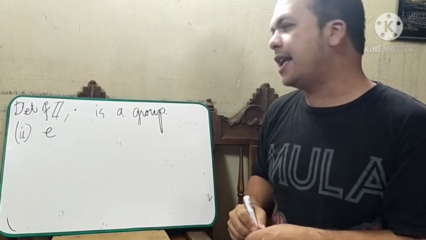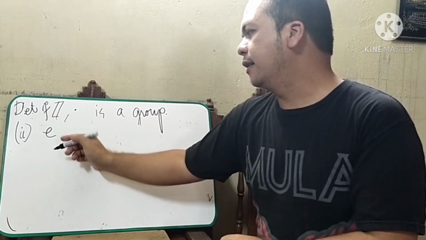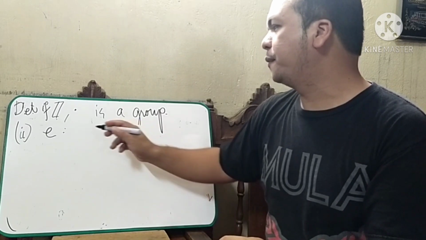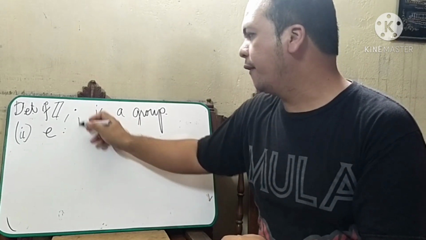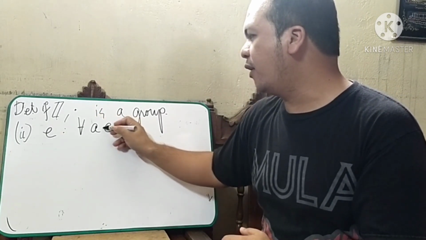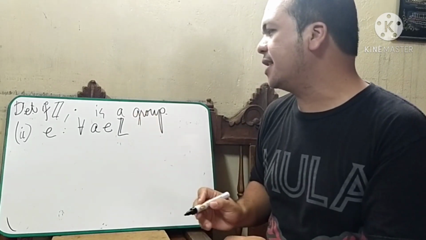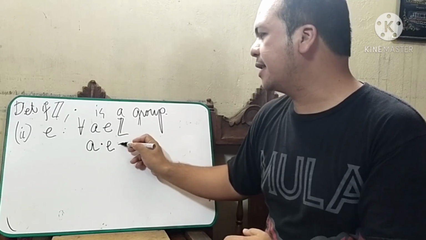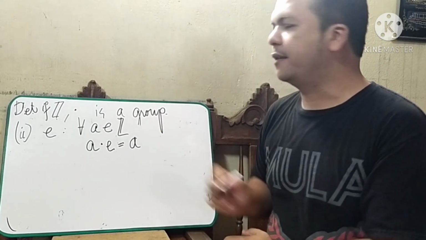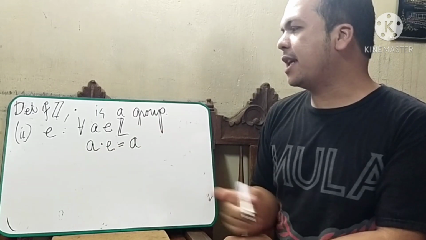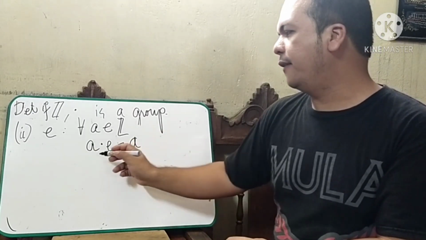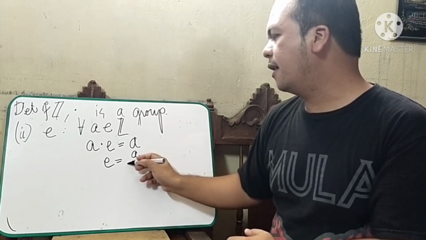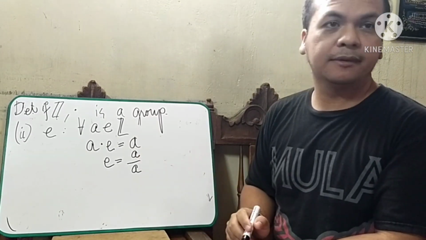So, para makita natin yan, we have, again, for the definition of the identity element, for all A element of the set of integers, yung ating A times E is equal to A. A times E is equal to A. So we have E is equal to A over A.